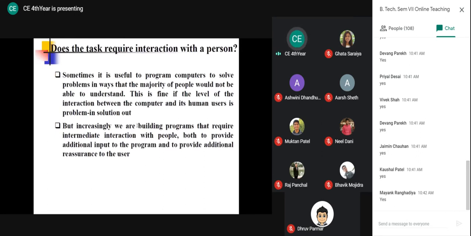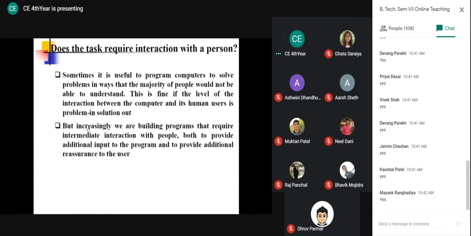Increasingly, however, we are building programs that require intermediate interaction with people, both to provide additional input to the program and to provide additional reassurance to the user.